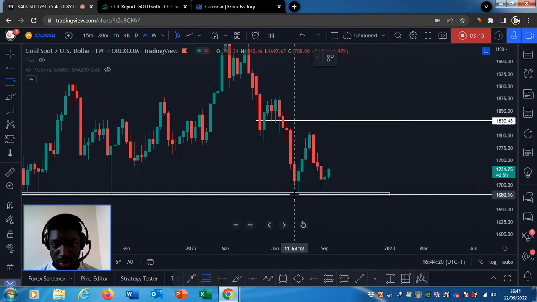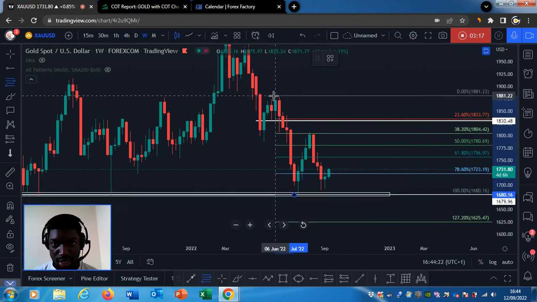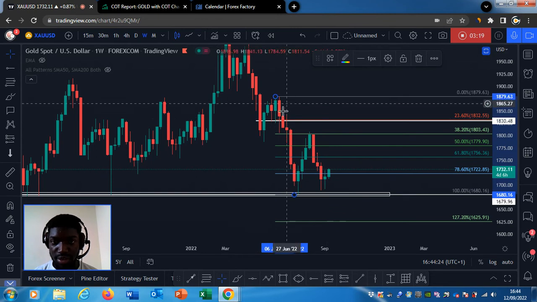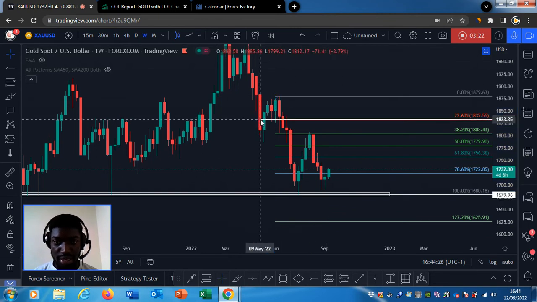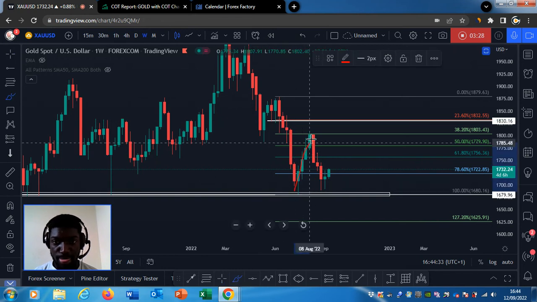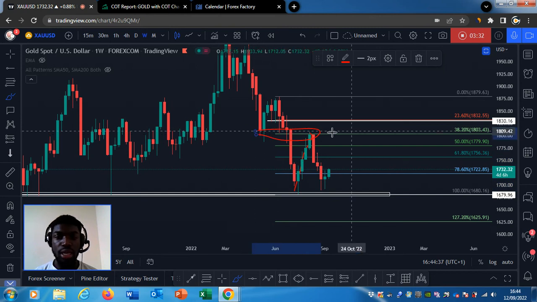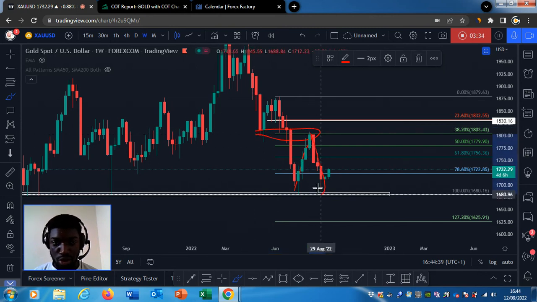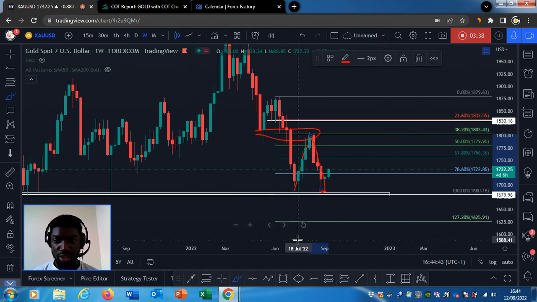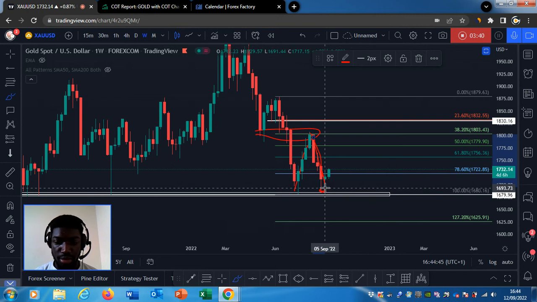Again, we can measure the retracement and you can see that it falls in line with the 61.8 Fibonacci ratio. Price retraced, and I did make a video saying that if price tested the 61.8, we should expect a bearish drop on the weekly time frame, which did happen. So if you entered that trade, you probably banked some profit.